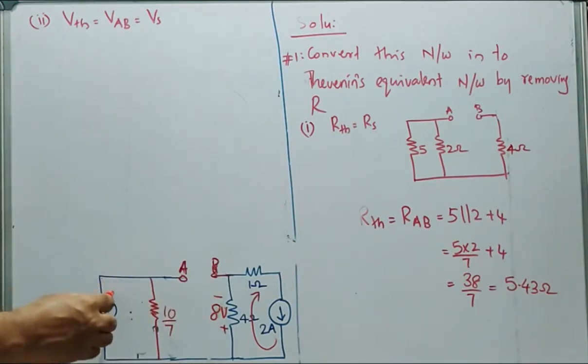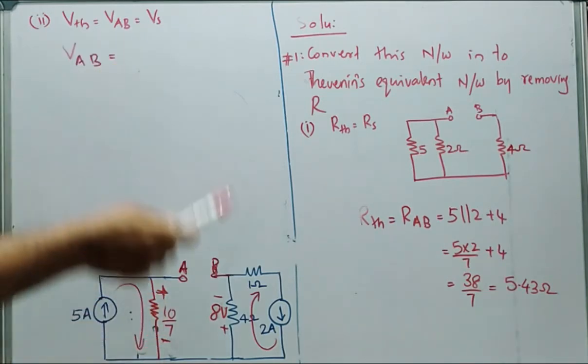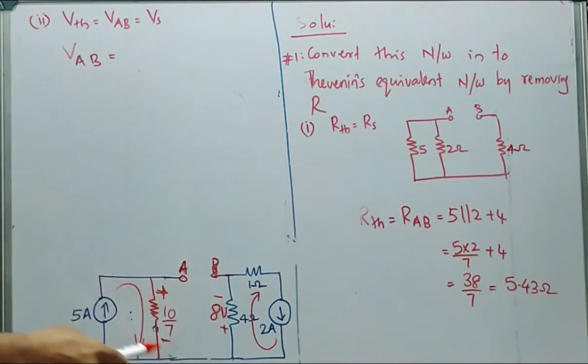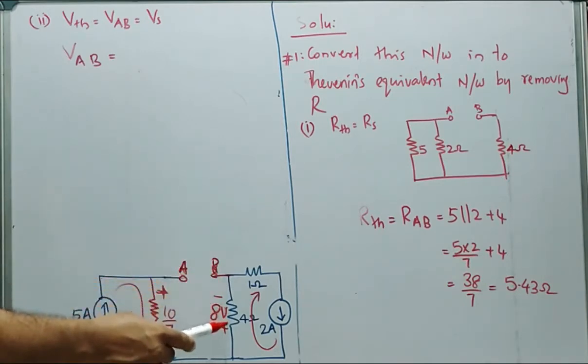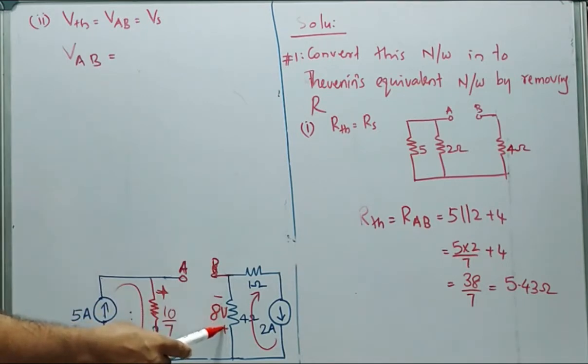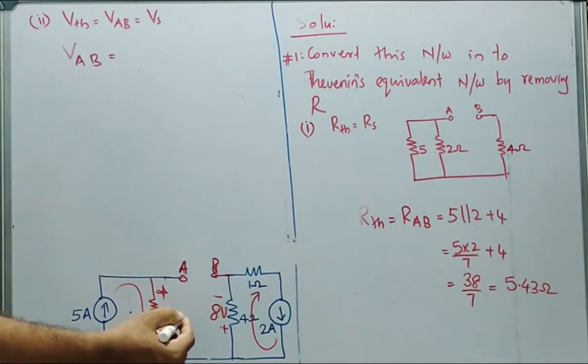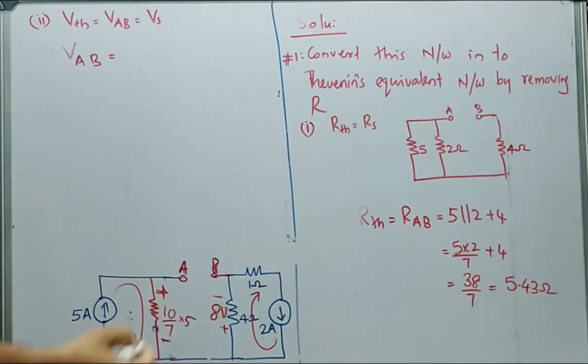Similarly, the current flowing through this circuit is downward. The voltage drop in the 10 by 7 ohm resistor is with this polarity. Now we can move from B to A and add all voltage drops. Here 8 volts is the rise in potential, and the potential across the resistor is 10 by 7 into 5, which is again a rise in potential.